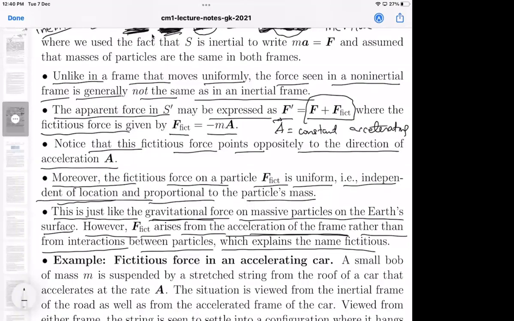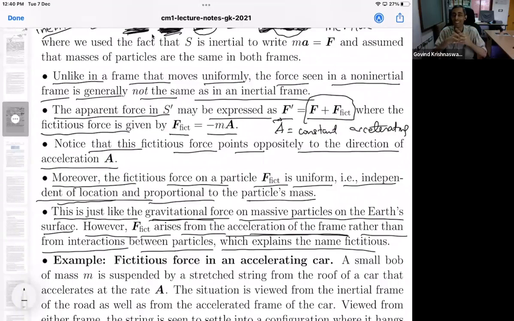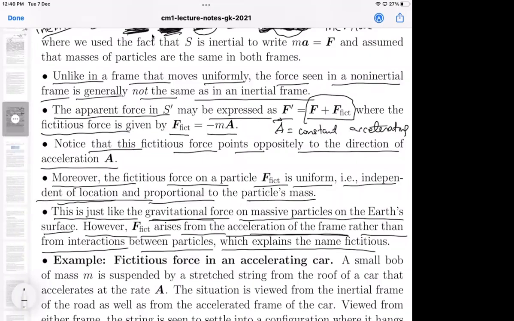Sir, about the similarity of fictitious force and gravitational force, doesn't the gravitational force by Earth point in the direction of the acceleration due to gravity? Yes, definitely. We are working in an approximation. The Earth is flat and the acceleration due to gravity simply points downwards. So we are working in a local region.